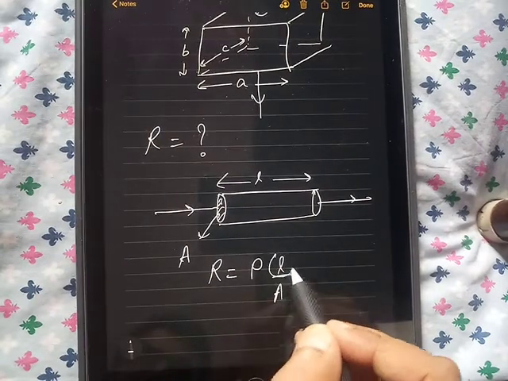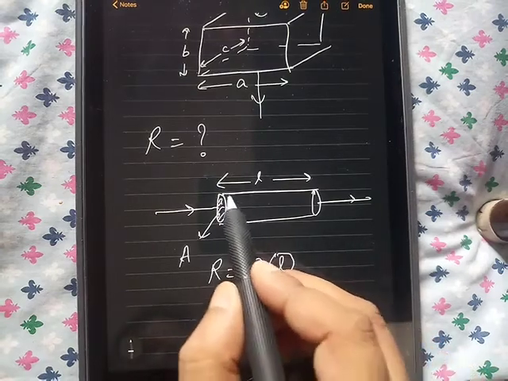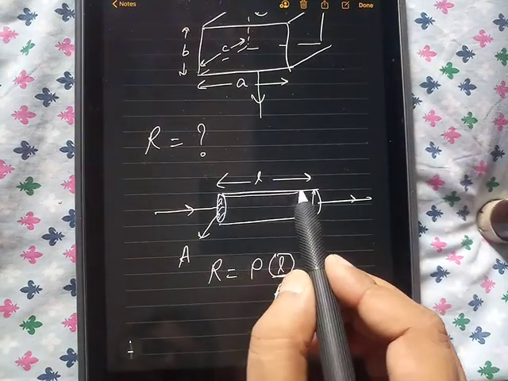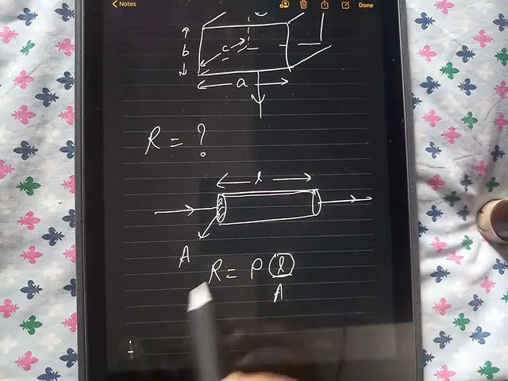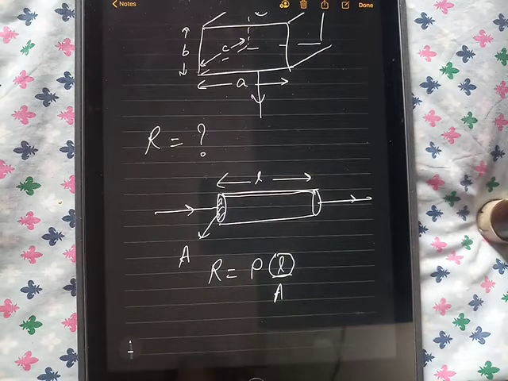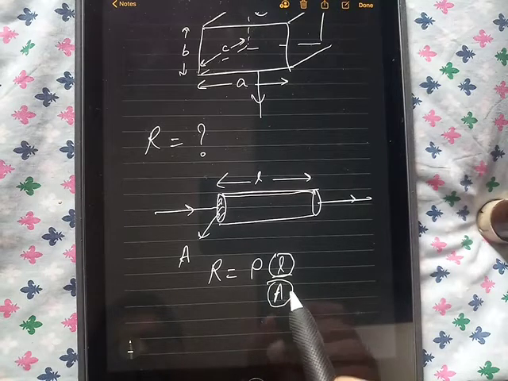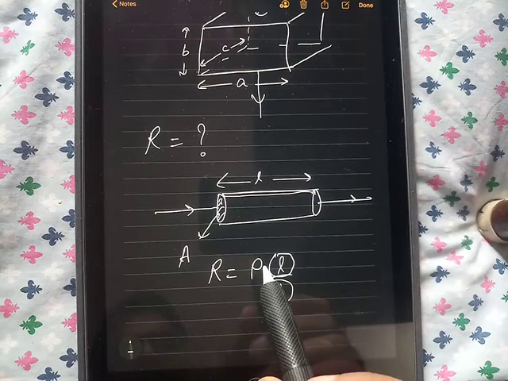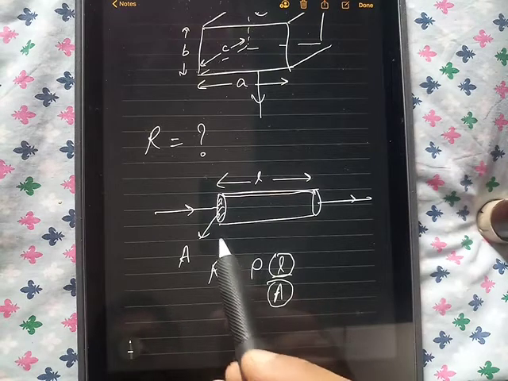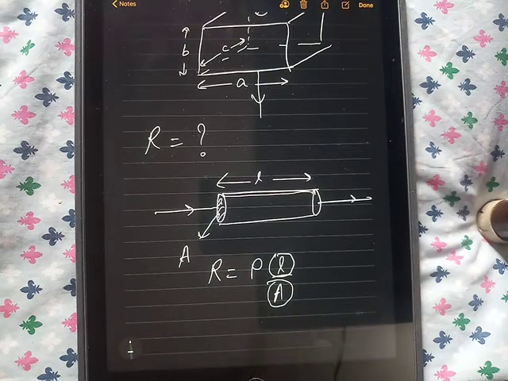Now what does L represent? L represents the length of the conductor along the direction of current. It is very important. And what does A represent? A represents the area of that surface which is perpendicular to the direction of flow of current.